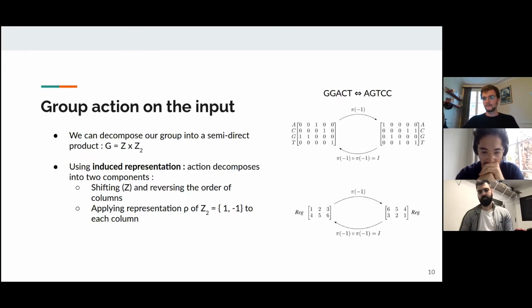Okay. And so what this result of induced representation means concretely is that the only thing you have to choose is a representation for Z2, which is a small group, and then you automatically have a way to get a representation for the whole group element. So if you choose a way to represent the shifting action, then you directly and automatically have a way to find the group action for both shifting and flipping.